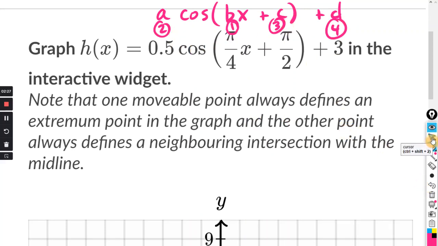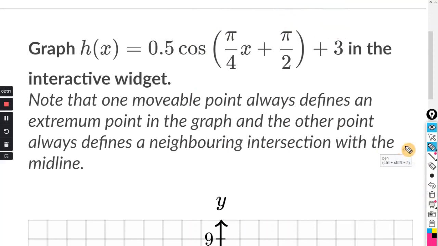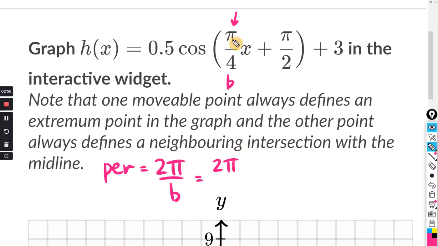All right. So let's do the period first. We know that the period is based on the number that's multiplied by x. So this is the value for B. B is pi over 4. And the formula for the period, which you should know by now, is 2 pi over the absolute value of B. So that's 2 pi divided by pi over 4.